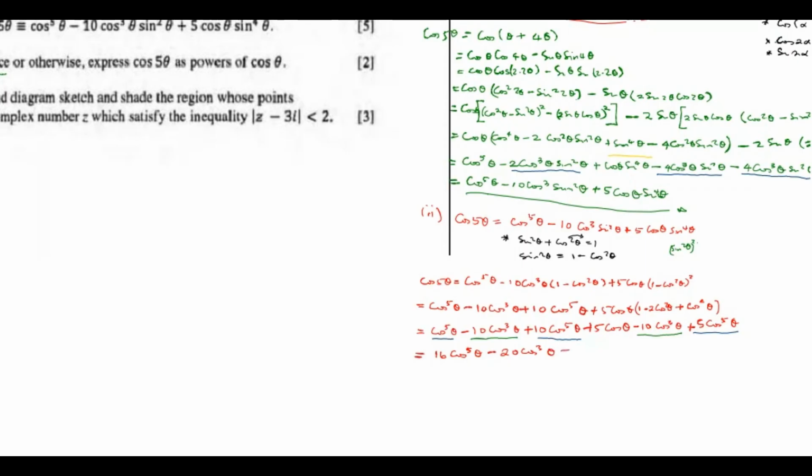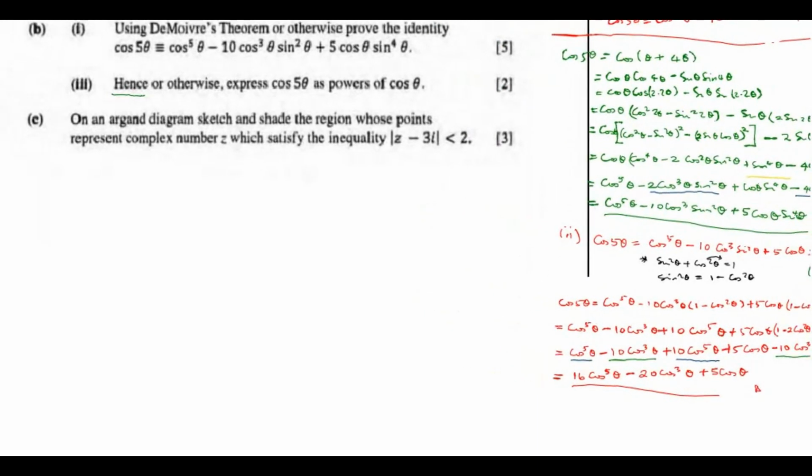Let's go to the last part, part C. They are saying, on an Argand diagram, sketch and shade the region whose points represent the complex number z which satisfy the inequality.